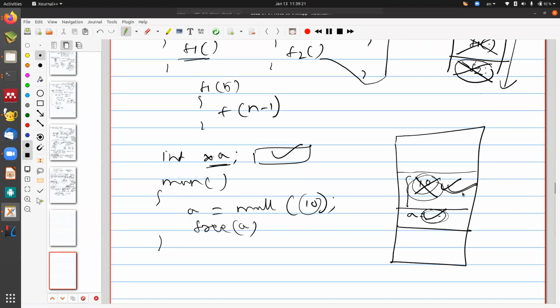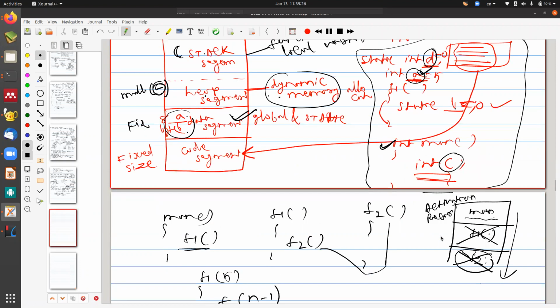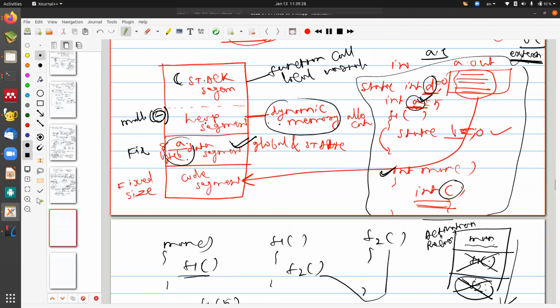Sir, why does a global variable have more size than a local variable? Why the global variable has? Use size means like we can store maximum values. No, not maximum value.